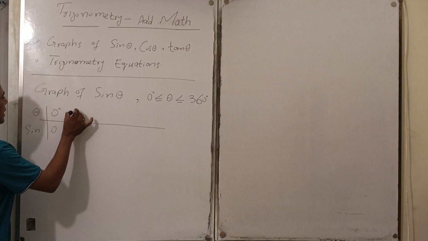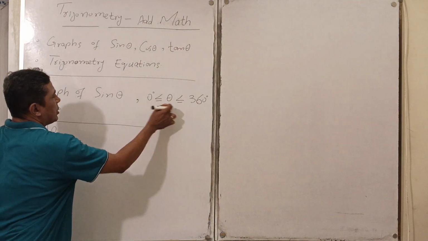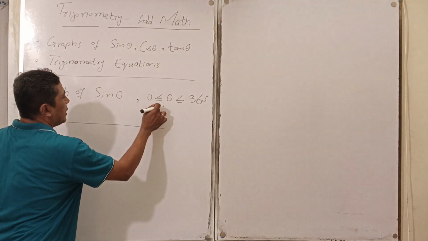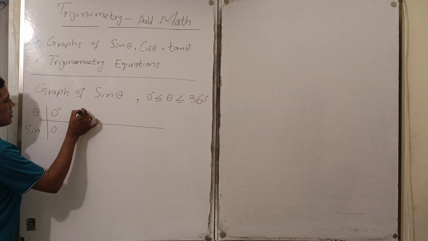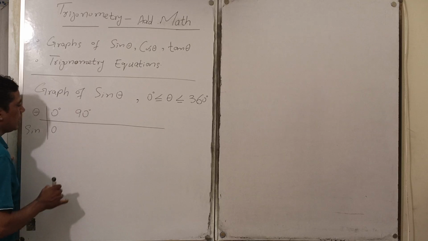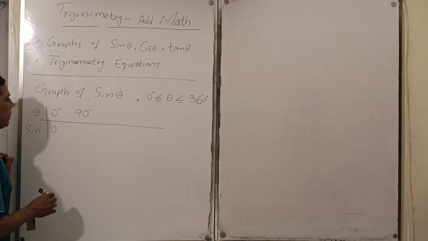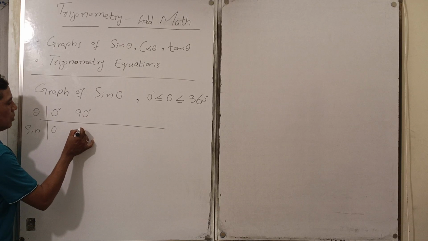Now we have values which lie between theta 0 to 360 degree. After 0 is, for example, 90 degree. What about this one? 1.